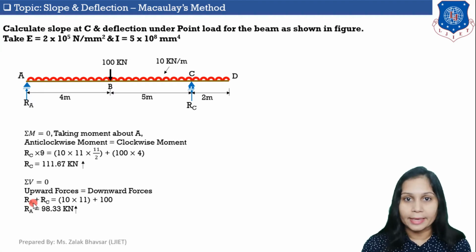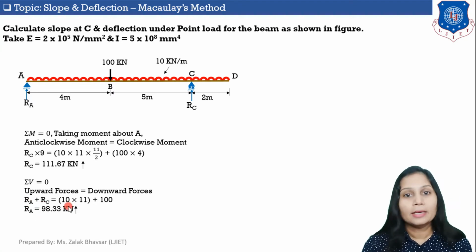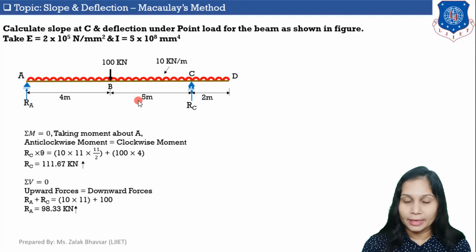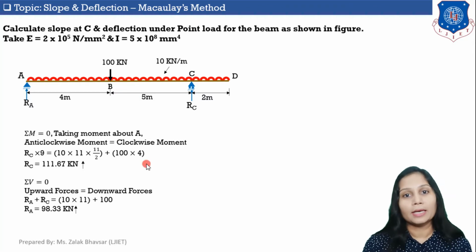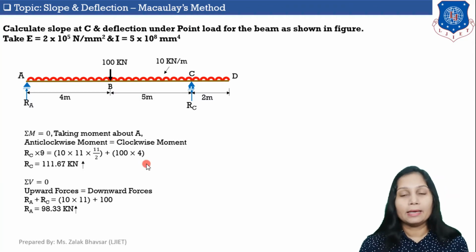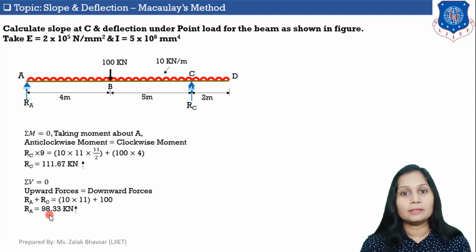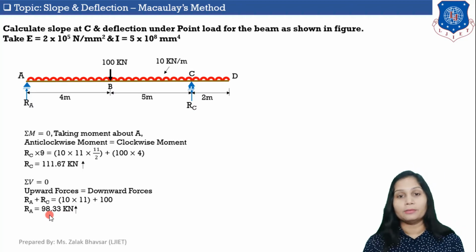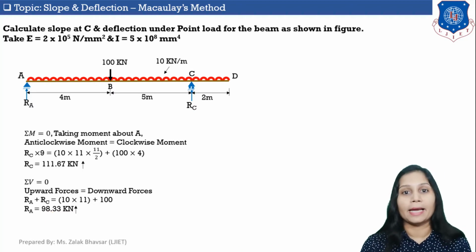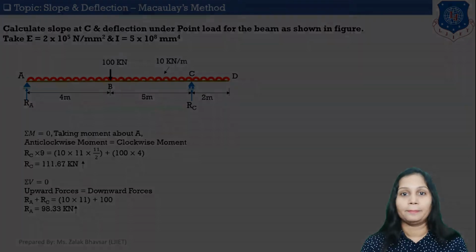So RA plus RC is equal to 10 into 11, which is UDL, plus 100, which is the point load. If I calculate, then I will get the value of RA is equal to 98.33 kilonewton, which is positive. So reaction RA is acting in upward direction.